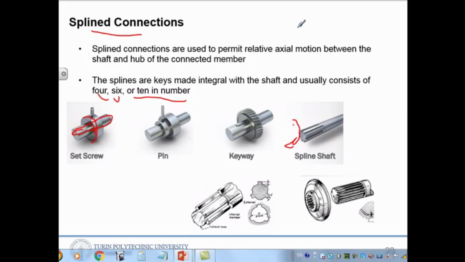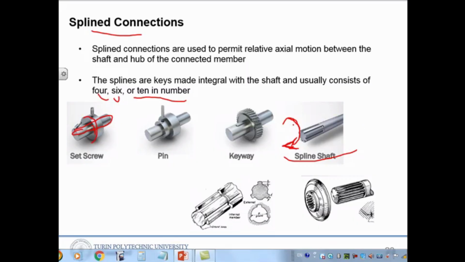So during the motion of the car, we would like to transfer the rotation to another part, and sometimes we would like to disconnect this motion and stop the motion transferring. So then we use this kind of spline connection.